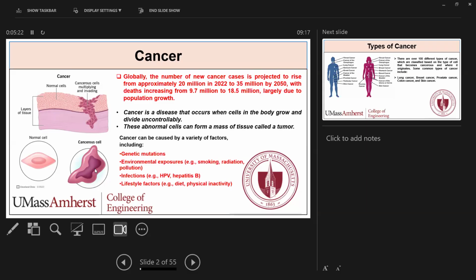So anything before it goes to a bigger stage, from the smaller point of view, starts from an infection. And lifestyle factors like diet, physical activity, too much salt, fat consumption, all these factors lead to a deadly disease or disorder called cancer.